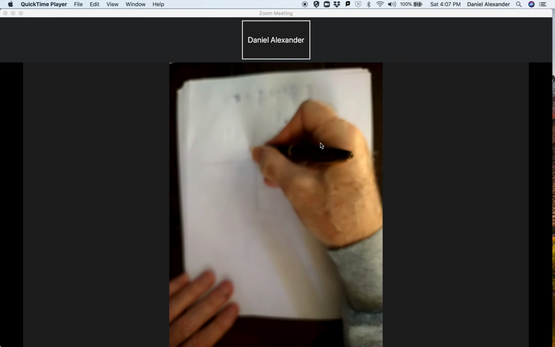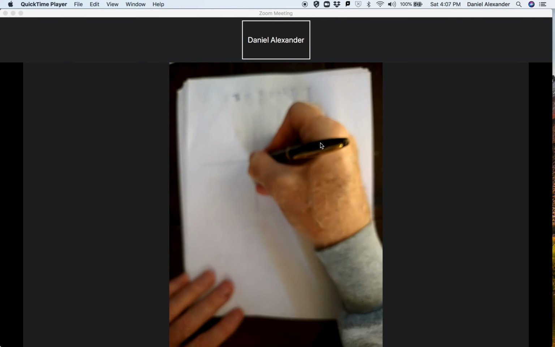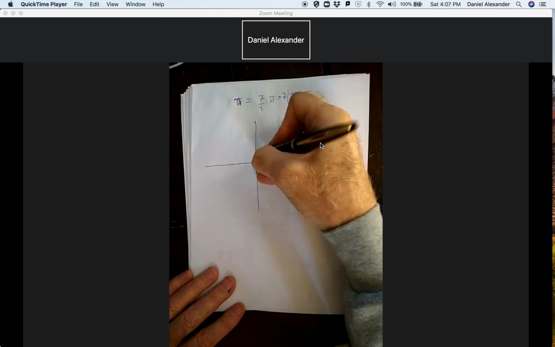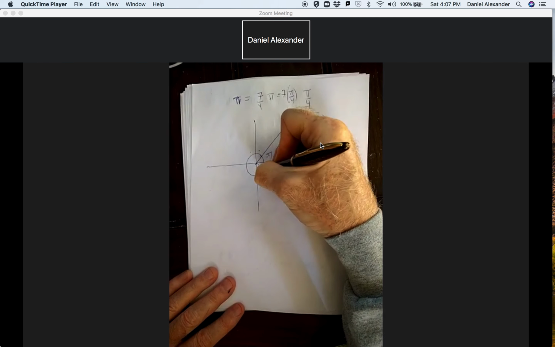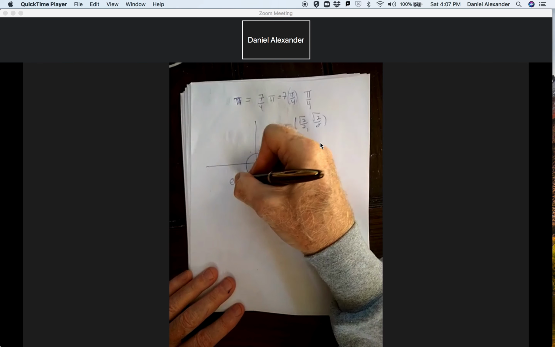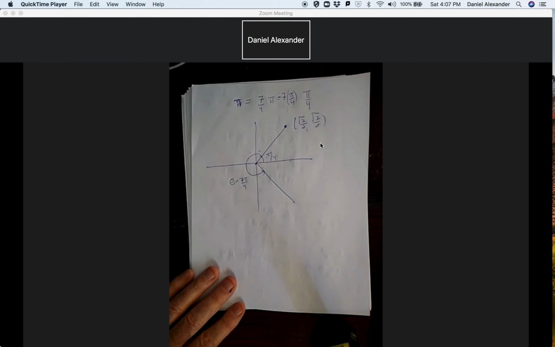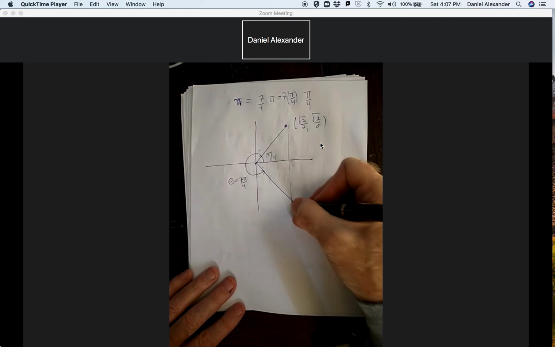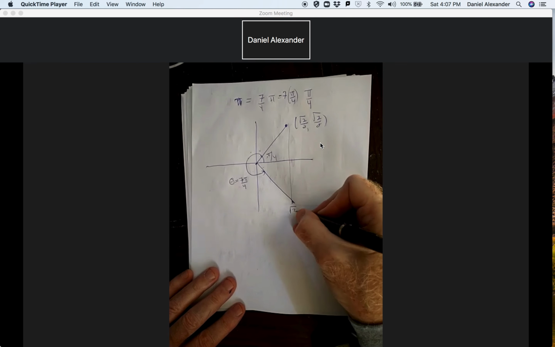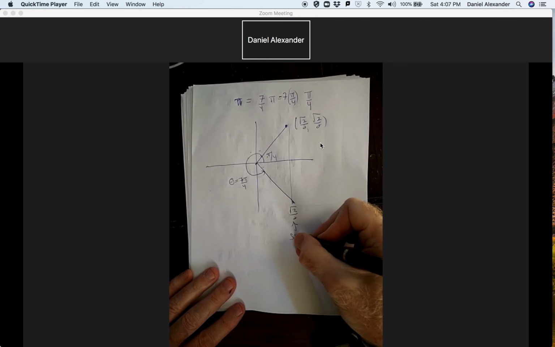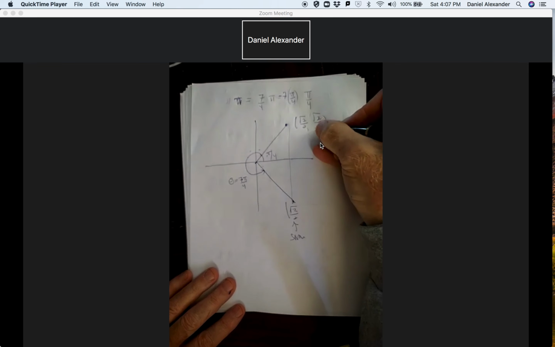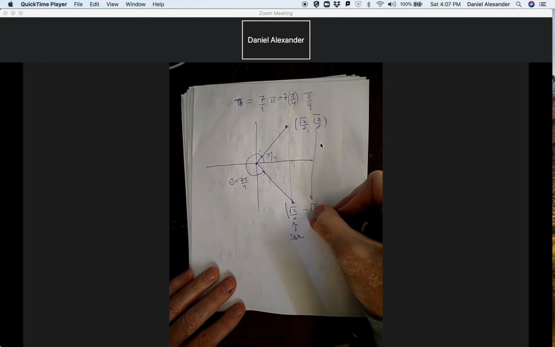One, two, three, four, five, six, 7. Here's our angle. That's going to be theta equals 7 pi over 4. And the x-coordinates are going to be the same. And the y-coordinate is going to be negative because it's below the x-axis.